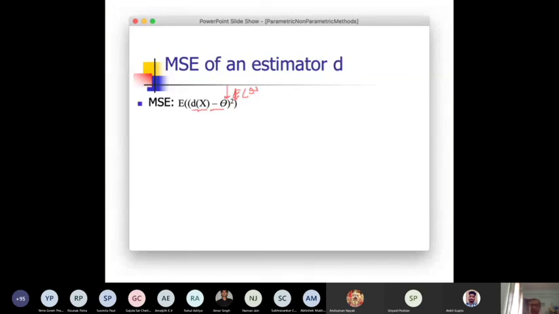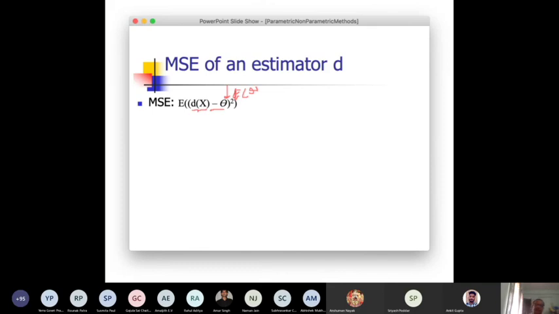Now, naturally, if you have an unbiased estimator, the expectation of your estimator is theta itself. So the mean squared error of an estimator is nothing but the variance of that estimator. Do you agree? But for a biased estimator, this is not the same, right? It would be different.